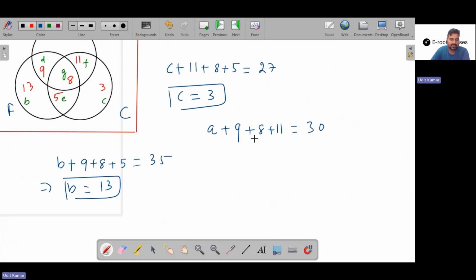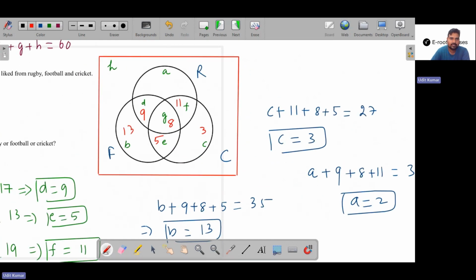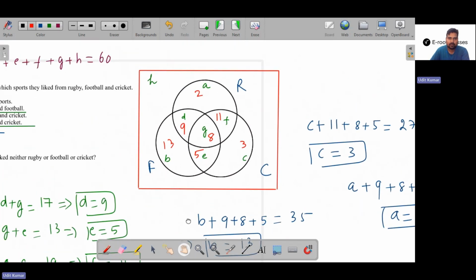So 9 plus 8 is 17, plus 11 is 28. So A must be 2, right? So A must be 2. Okay. So I think we have calculated all the values.